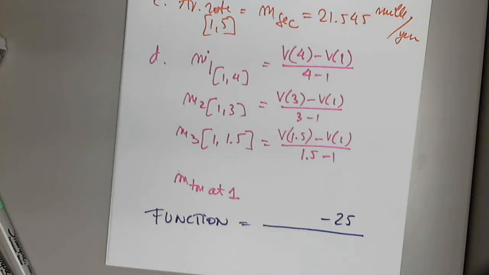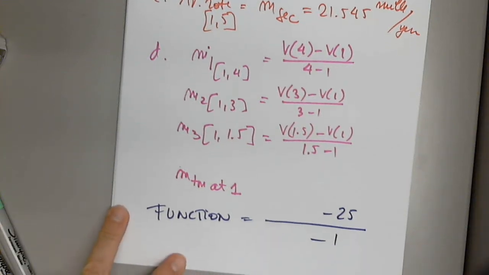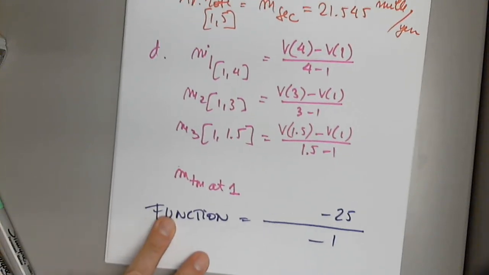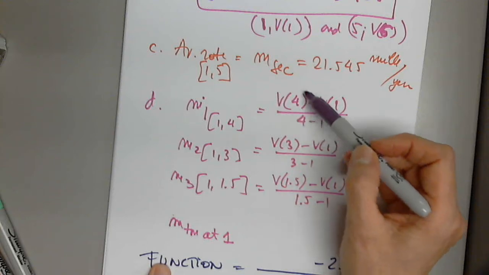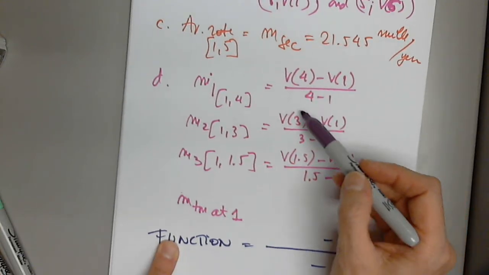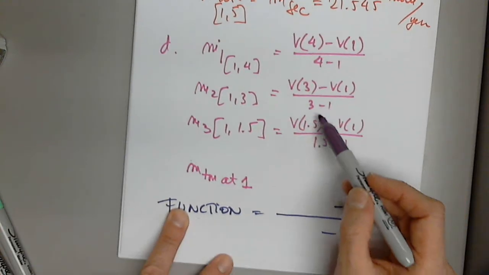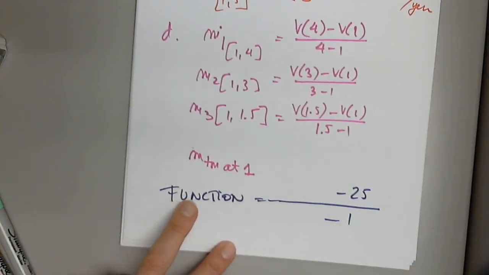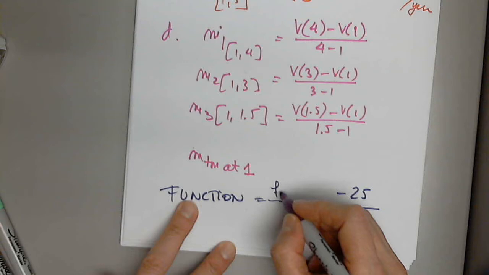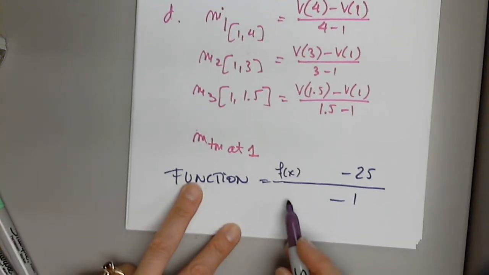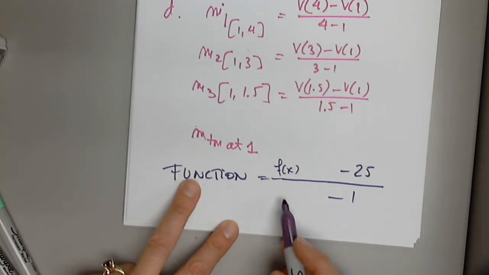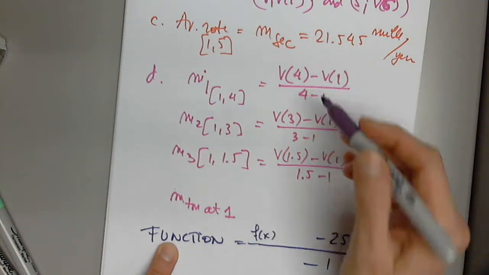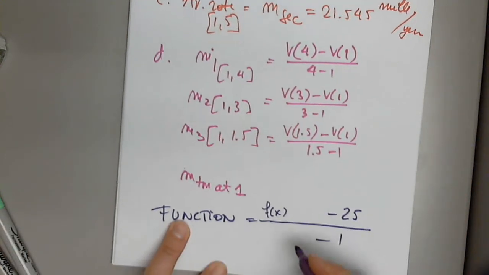The 1, very good. So what changes? The function value at 4, the function value at 3, the function value at 1.5. So when I just put the function here, f of x, and what do I have in the denominator? If this is f of x, it has to be x, right?